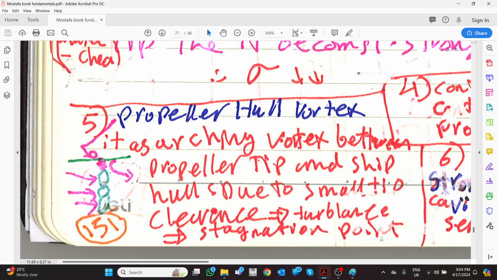Here is the stagnation point, by the way. This is zero and this is very high speed. So it makes very high turbulence here due to the difference between very high and zero. It creates a very high vortex, and with the vortex comes more velocity, less pressure, cavitation.